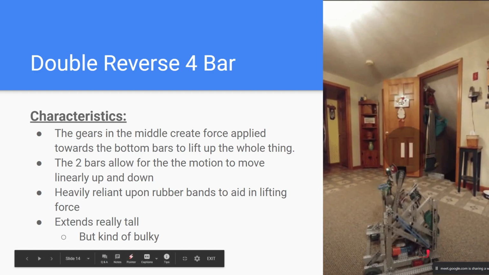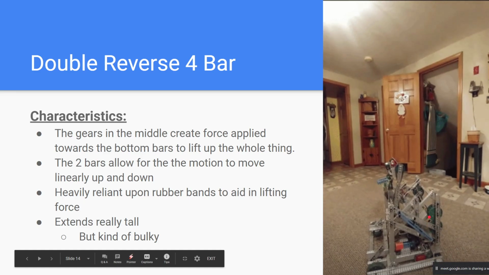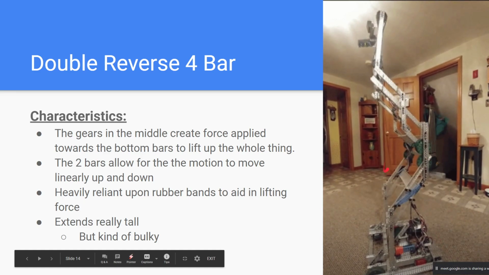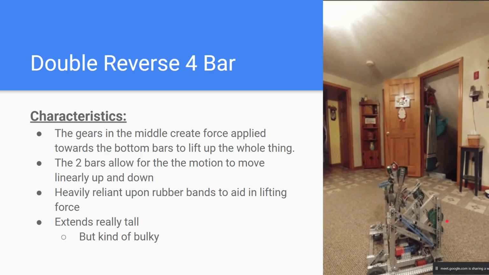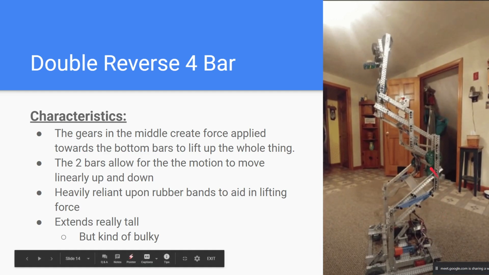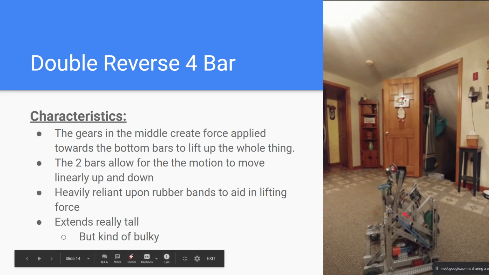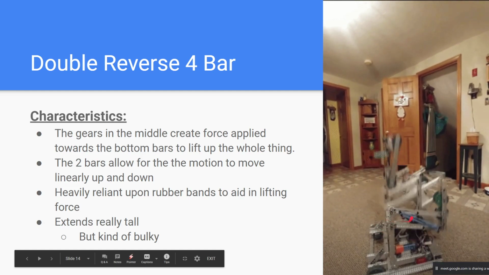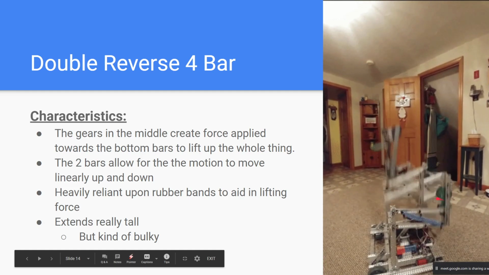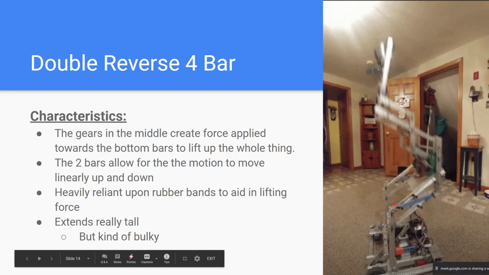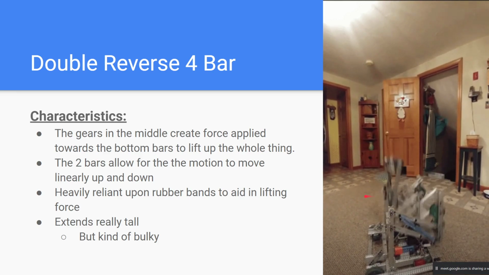And this is where I struggled to understand. But as this gear on the bottom rotates, it generates a force that somehow lifts up this linkage over here. So it looks like it's defying gravity, but it's not.